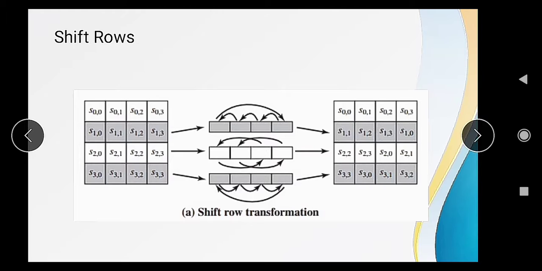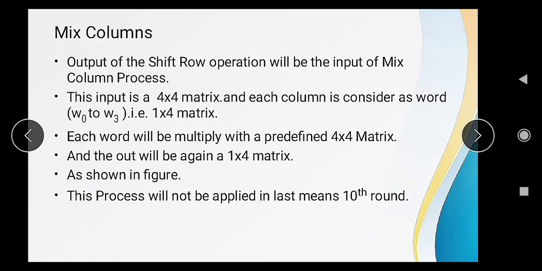We are shifting 2 bits towards the right direction, and in the last or third row we are going to shift 3 bits. So the result will be this. Okay, so this is the row shift operation, and this operation is performed on the output of the previous stage. Now the output of the row shift operation will be applied as input to the mix column operation. Now let's see what the mix column operation is.